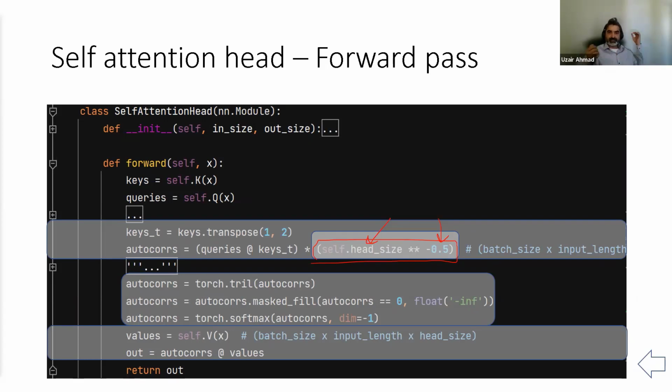One hot encoded vectors will lose the relationships between all other words. Every word will focus on just one word in the sentence, which is kind of counterproductive, right? So to prevent that possibility, we scale the output of the multiplication of queries and keys, which is a square matrix.